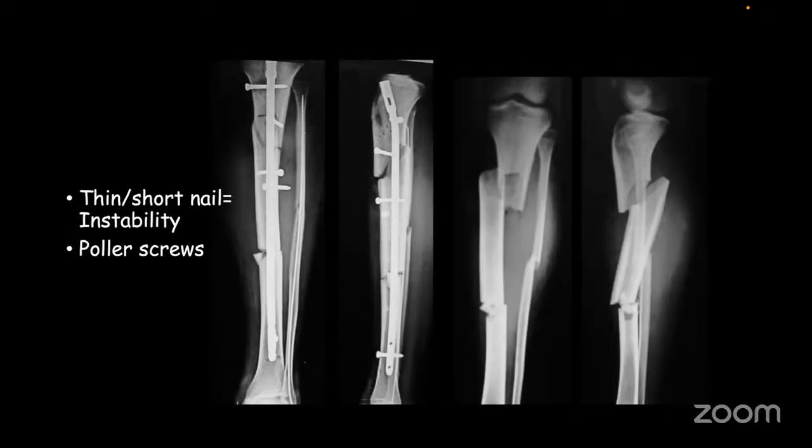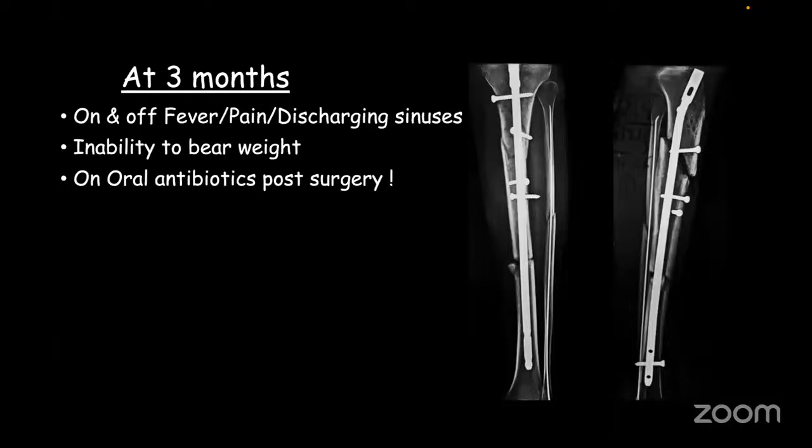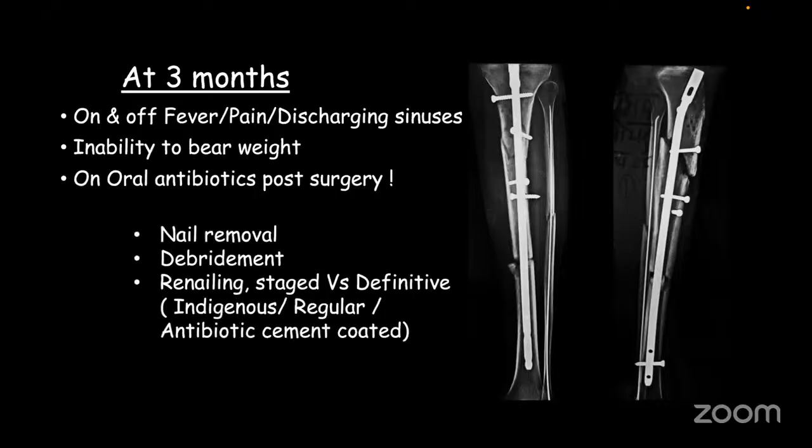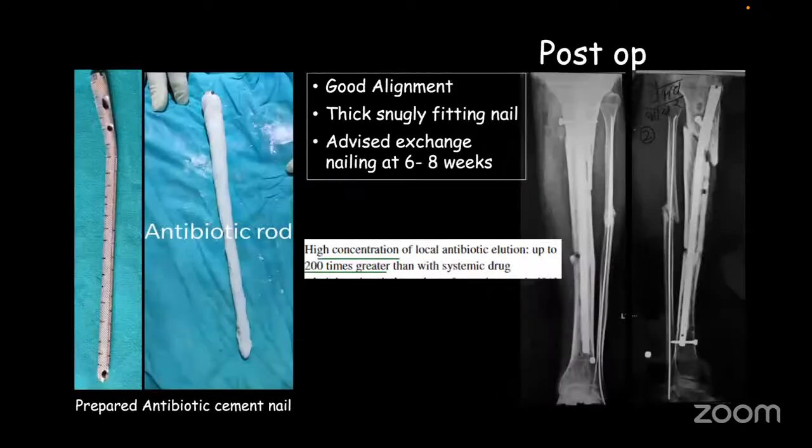Additional polar screws were used, and then at 3 months, on and off fever, the nail had loosened, inability to bear weight, and oral antibiotics post surgeries were continued. So here this infected non-union was removed, debrided, and renailed, where a thick antibiotic rod was used in this situation.